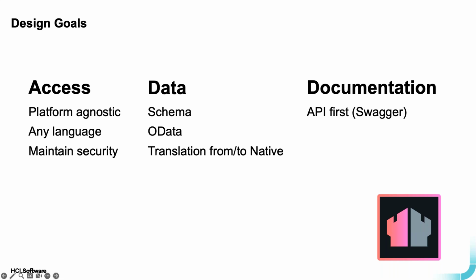At the heart of the approach was API first documentation. So if you've used the Domino REST API, then you'll have come across the Swagger documentation that's there. That Swagger documentation is used by the engine as part of the validation.